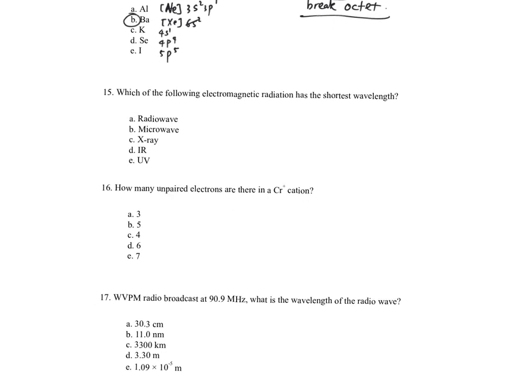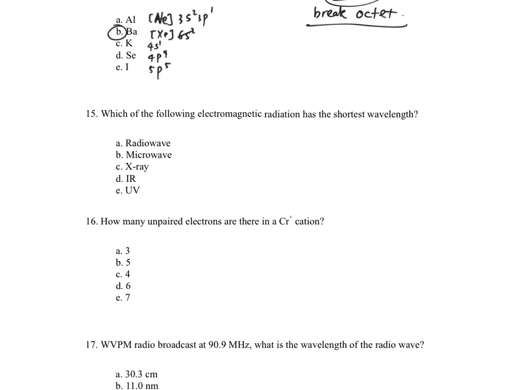Okay, 15. This one is easy as well. Shortest wavelength means highest energy. And if you know our electromagnetic spectrum, radio wave, microwave, IR all have low energy, all 3 of them are lower than visible light.